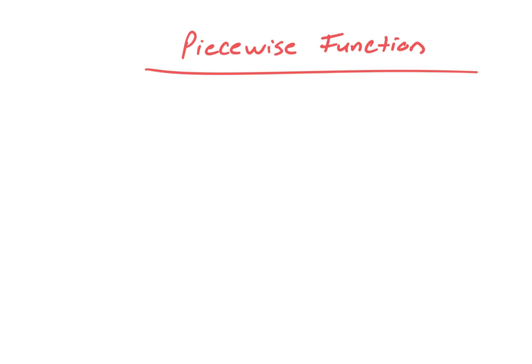This is one I was telling you, you guys have really never seen before, I don't think. This is not one that we really see in Algebra 2, so this is going to be a new concept for you. It's a function that's broken up into individual pieces, basically. I'm going to show you what a graph looks like here in just a second and how we could graph it, because all the graphs are going to look a little bit different. But the first thing that we're going to talk about here is how to evaluate a piecewise function.